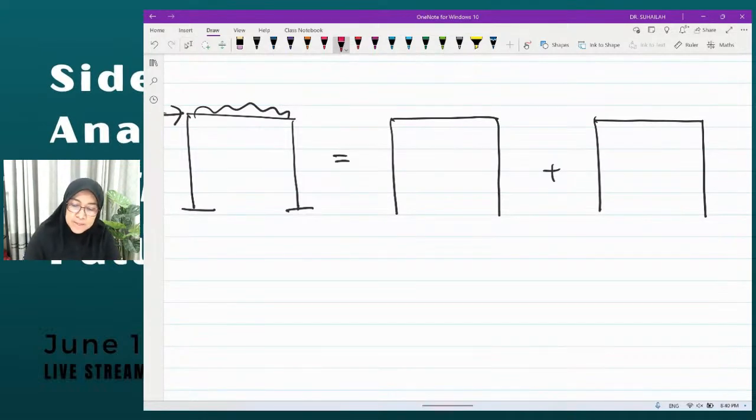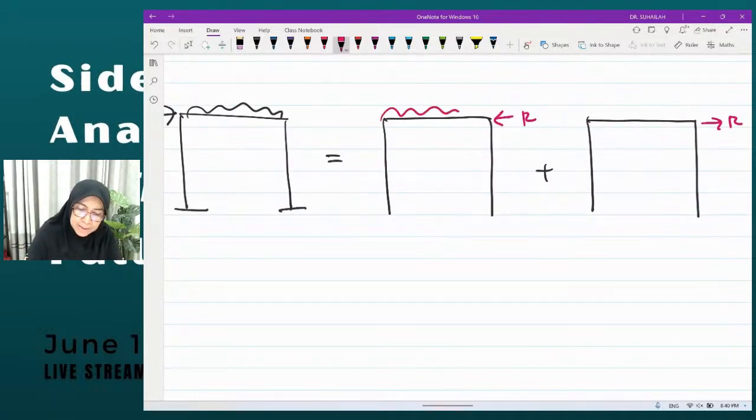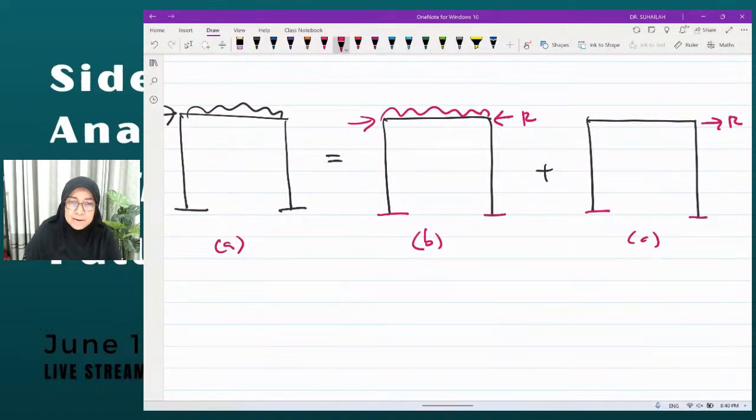Due to that, we will have R here and also R here. Loading remains. If this is A, this is B, this is C, the loading remains under B, because at B we only remove delta. We remove delta by putting a pin support at C. That is why R exists, and R has to be neutralized. So that is why we get diagram C, which is subjected to R only.